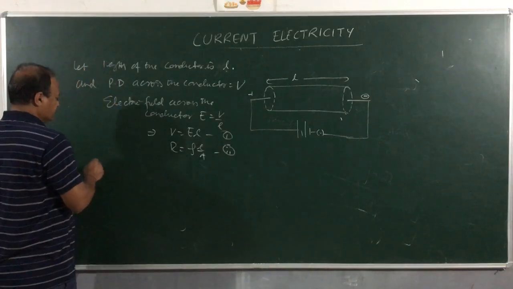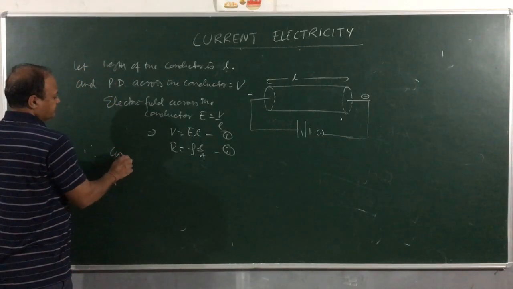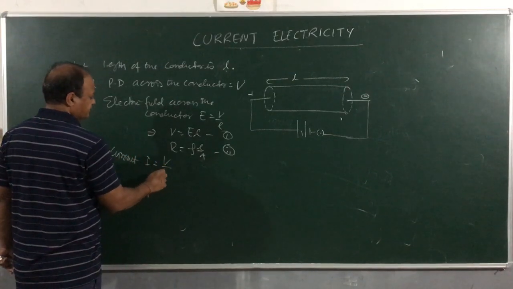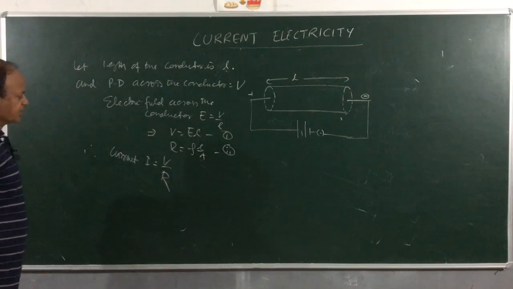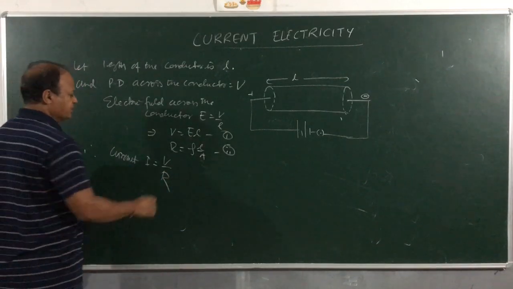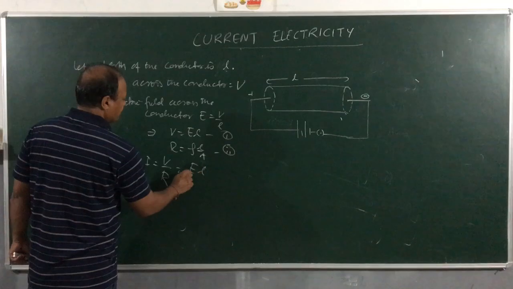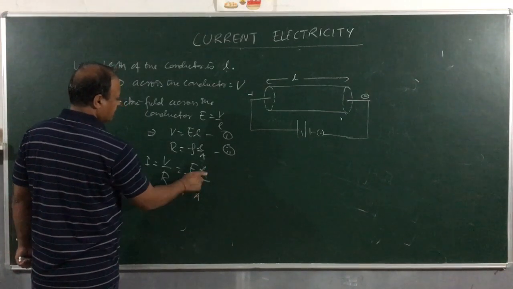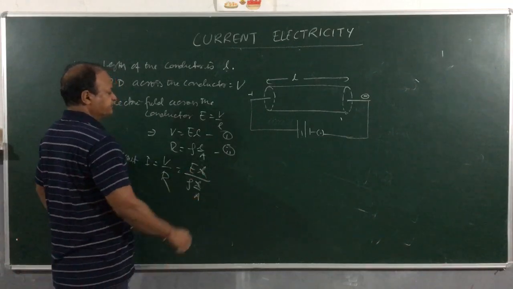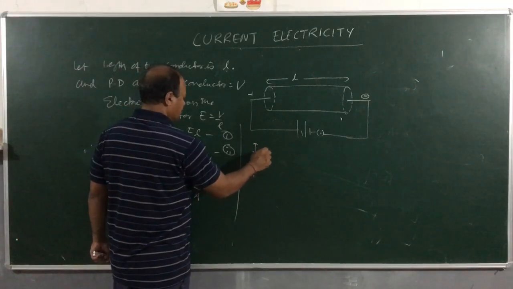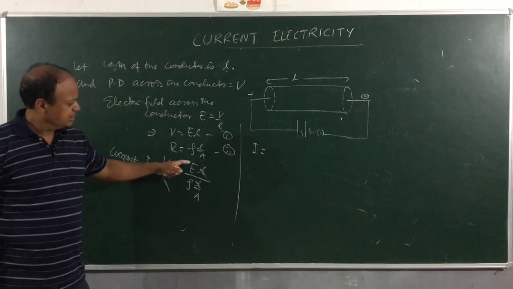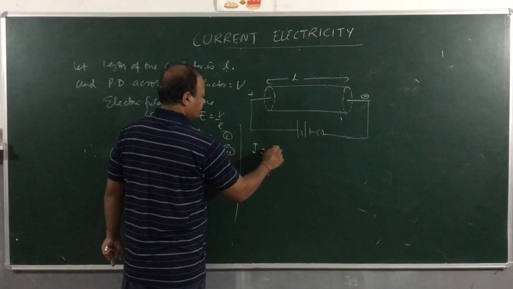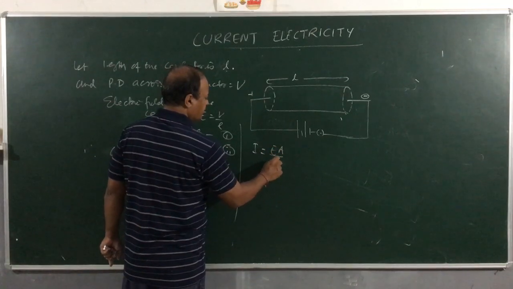Therefore children, current I is equal to V by R, and how much is V, children? E into L divided by rho into L by A. L is cancelling out, and this A will go in the numerator. Then we get I is equal to E into A divided by rho.